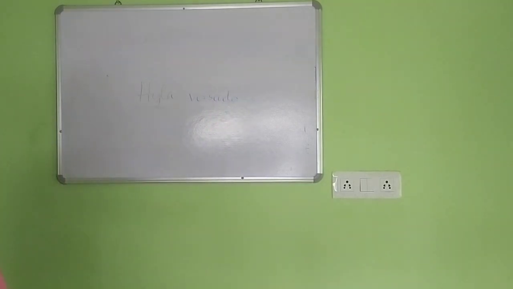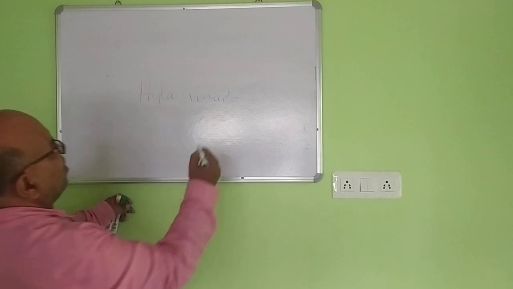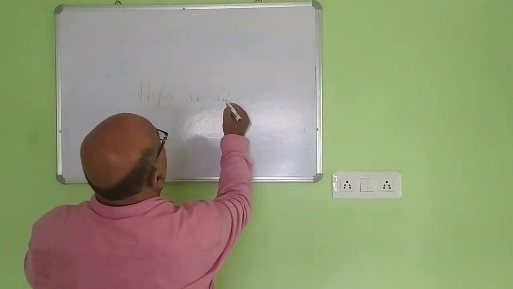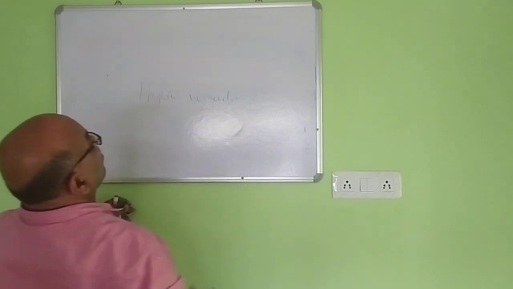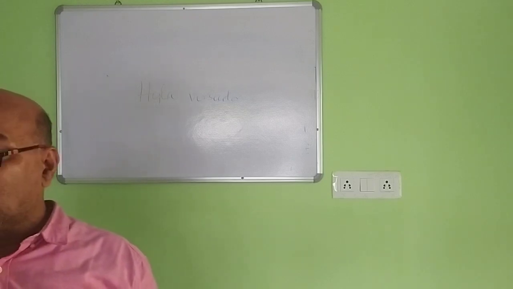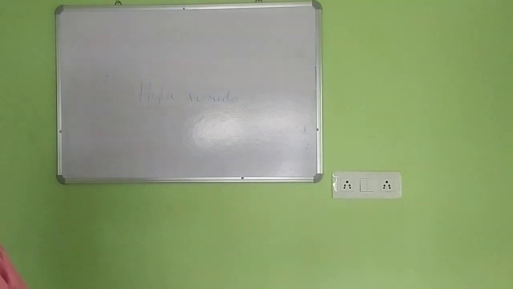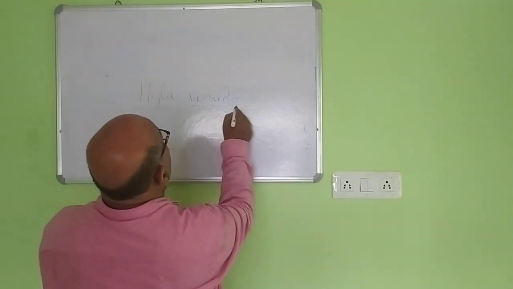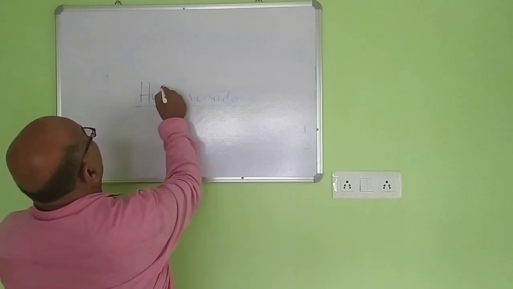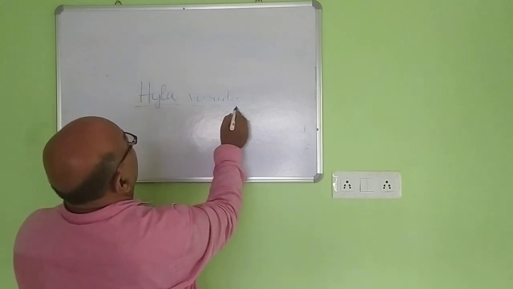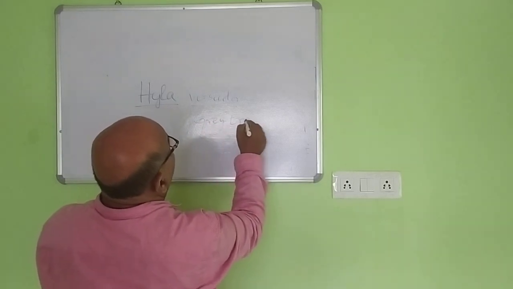This species is called the grey tree frog. Hyla versicolor is called the grey tree frog.